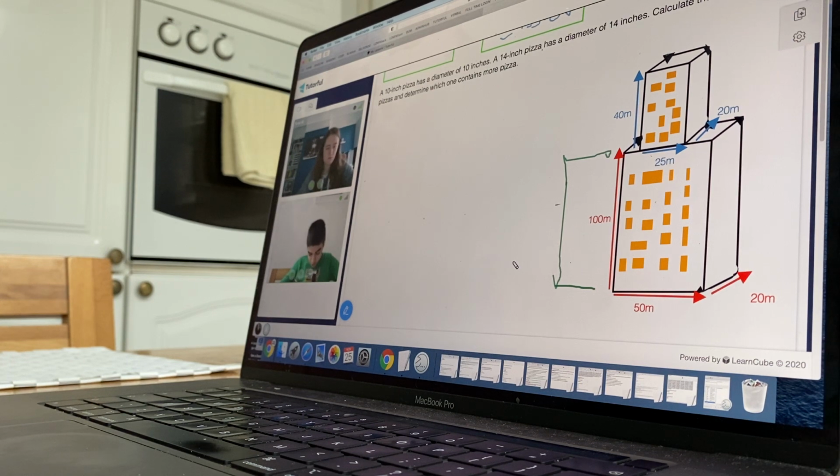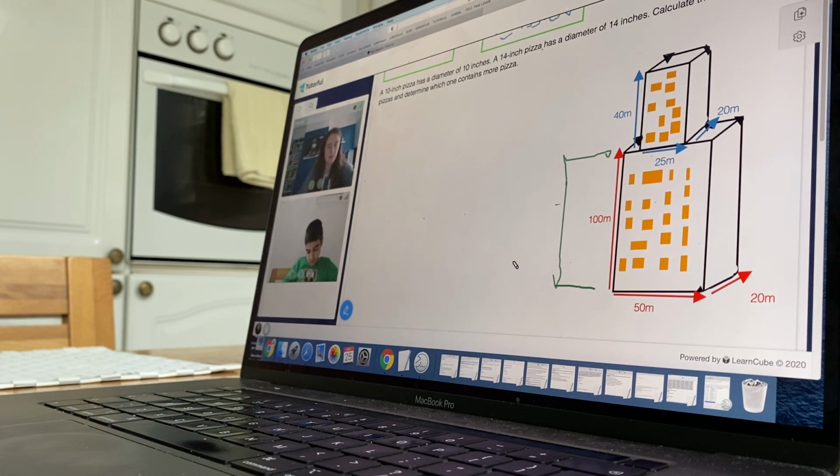So 100 times 50 is 5,000. It's 5,000, yeah. Times 20 is 10,000. No? Is 50,000. And then times that by 2 for the 20 is 100,000.